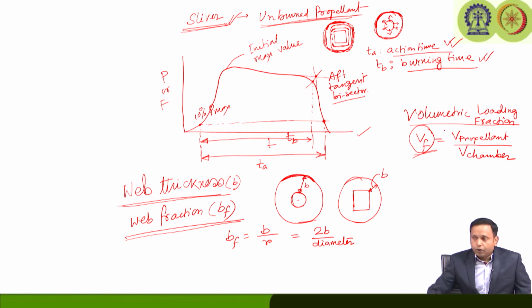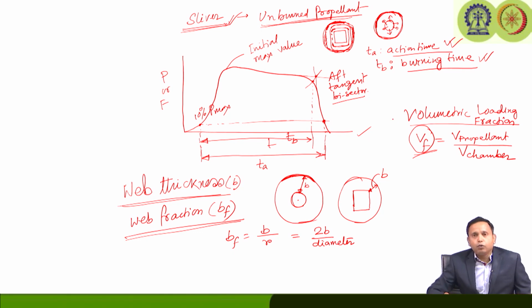Now, for designing the various grain configurations, of course, there are various parameters which play an important role. For example, the flight mission will tell us the rocket motor requirements and the grain geometry, which is very much related to the pressure-time or thrust-time profile.